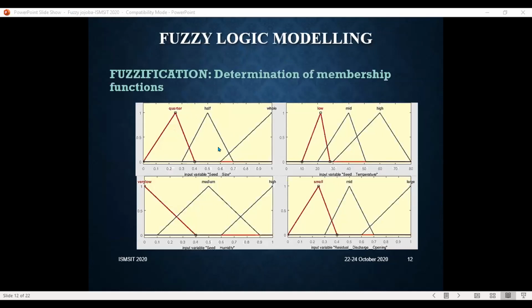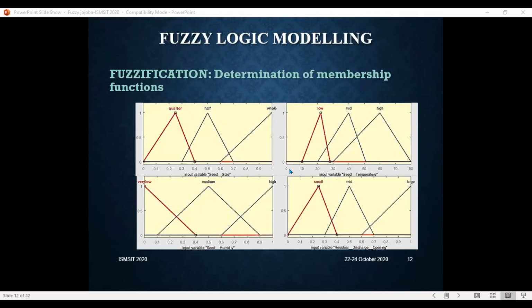Then those numerical values we put into linguistic terms. For example, for seed size, we have used quarter, half, and whole terms. For seed humidity, we have used low humidity, medium, and high humidity. For seed temperature, low, medium, and high. And for residual discharge opening, small, medium, and large.